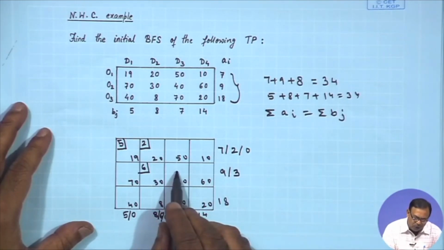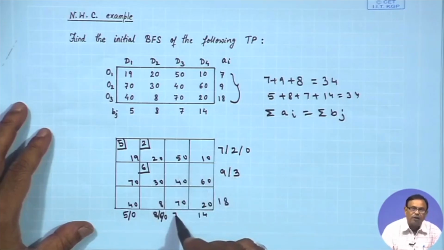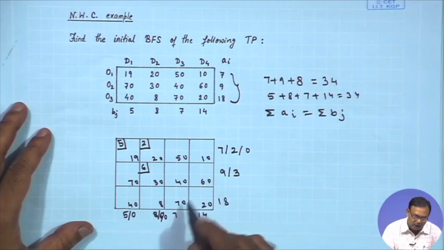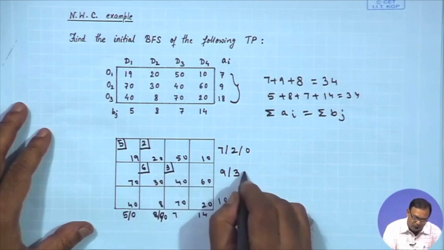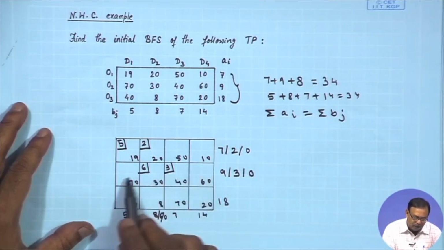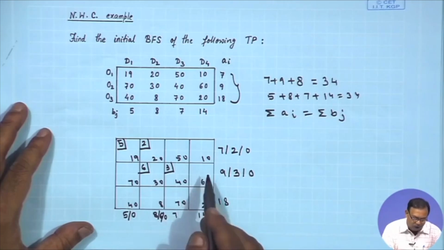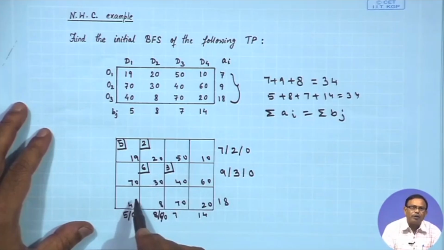Now you go to the next row. Here it is 3, here it is 7, available 3, demand is 7. So, the minimum is 3, you can allocate 3 to this one, so that this becomes 0. So, you do not have to do anything for this case also. Now, come to the next row. For this, you have already met the demand, because this is 0.